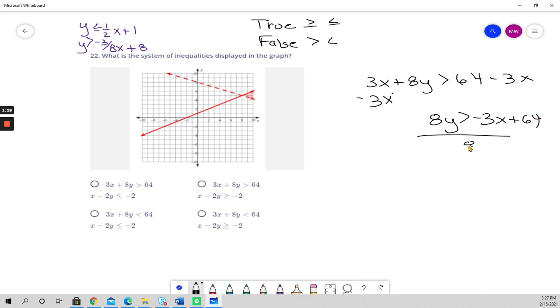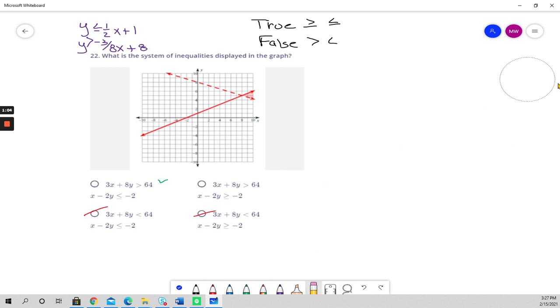I divide by 8, and I get y is greater than negative 3/8 x plus 8. That's the equation that I need. So that means this equation is good. So I can get rid of this inequality right here, because that doesn't match, and this one. And so now I'm just left with these top two.